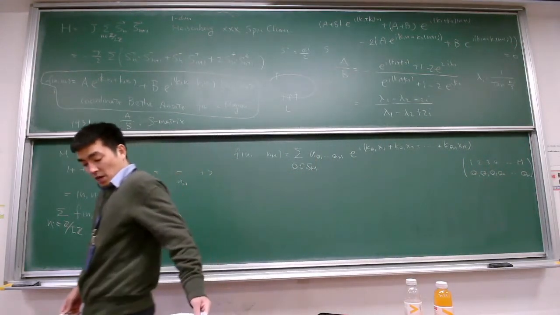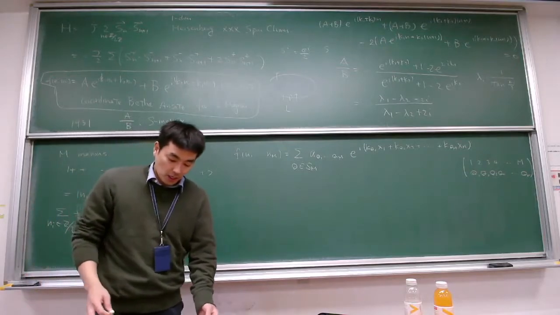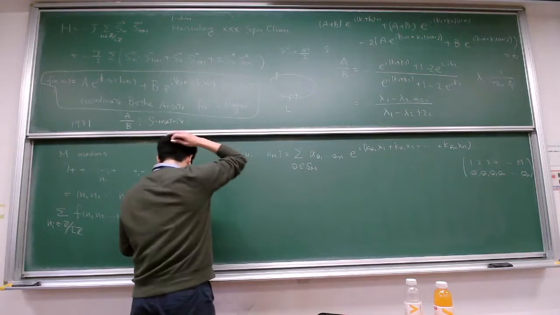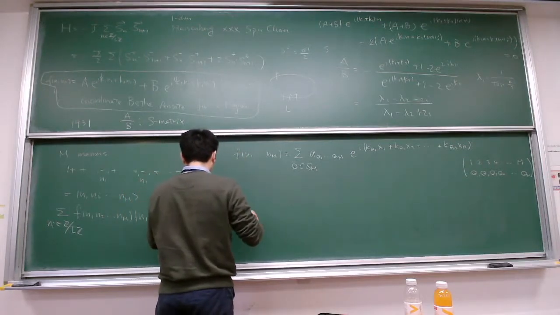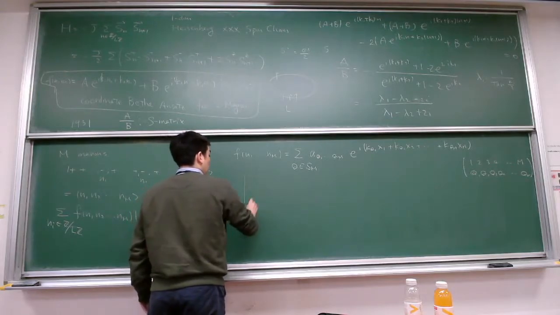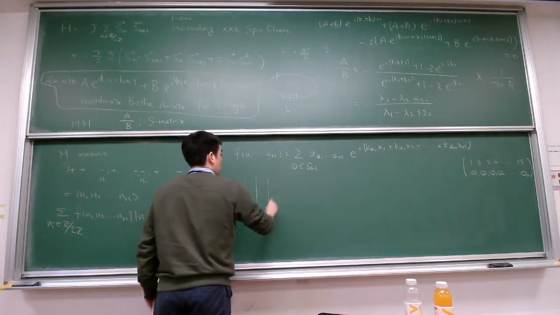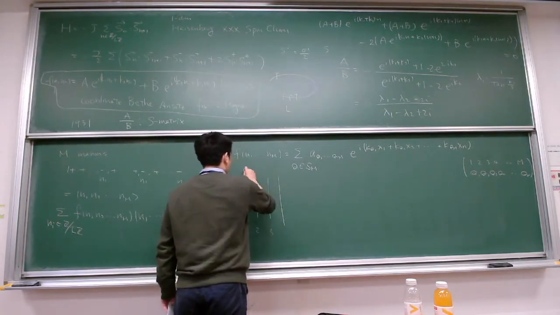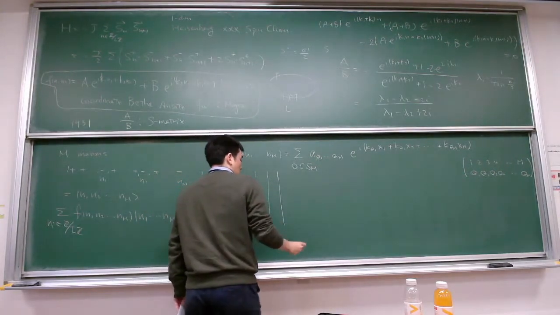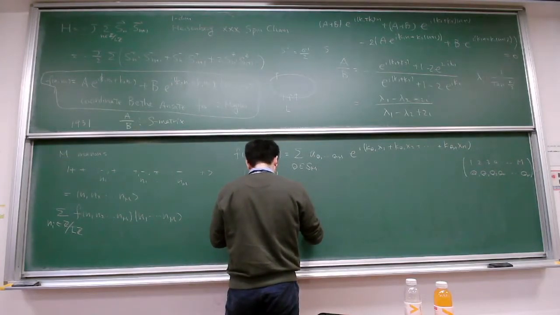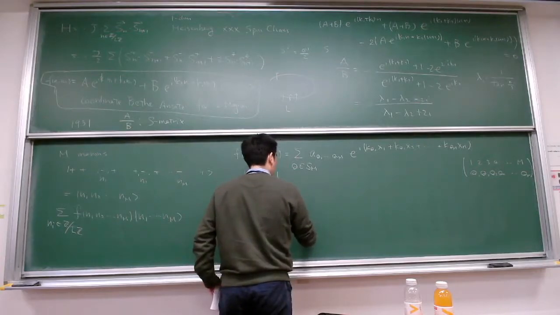So if you do this coordinate Bethe analysis, you have particles 1, 2, 3, and then the j-th particle, you can call it the i-th particle or j-th particle here.